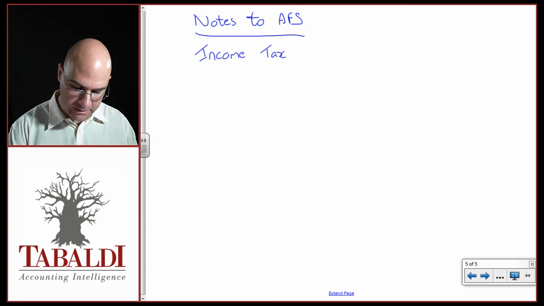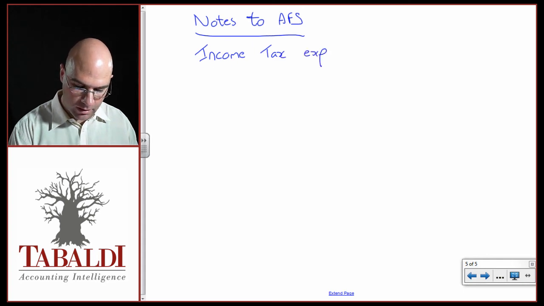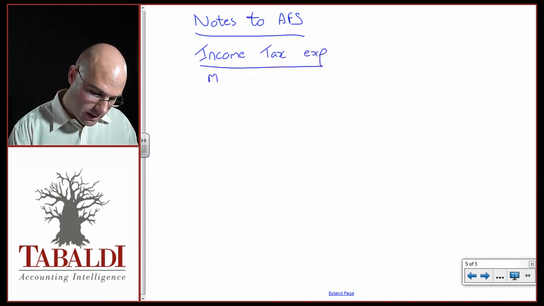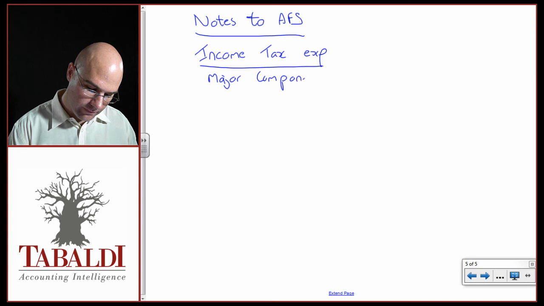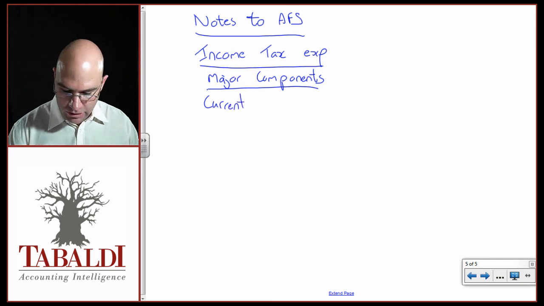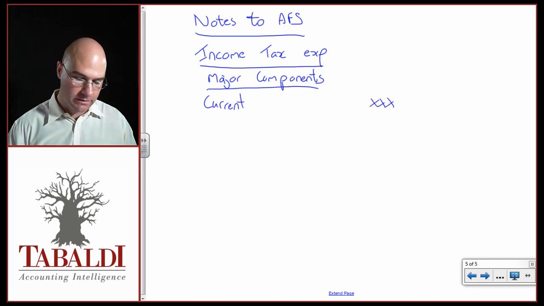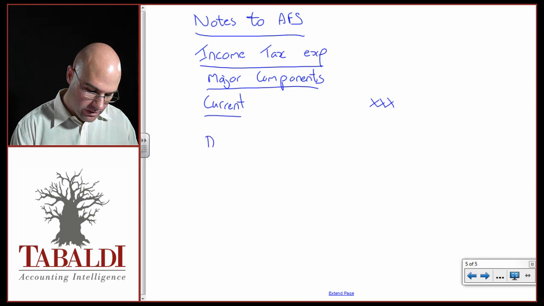So income tax expense. We know that that has to have a major components of tax expense, and you're going to split that up between current tax, which here you don't know because I didn't give you all the information, as well as deferred tax expense.